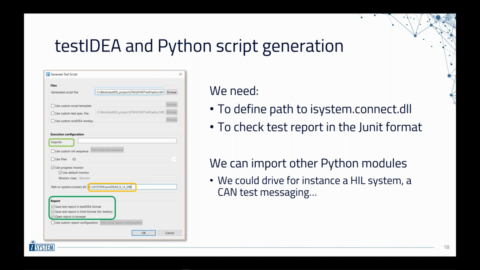When generating the Python script, we need to define the path to the iSystem Connect DLL, and we need to check that the test report will be in JUnit format. testIDEA script generation supports importing of external Python modules, so we can include Python code for driving other external devices if they have a Python module for automation.